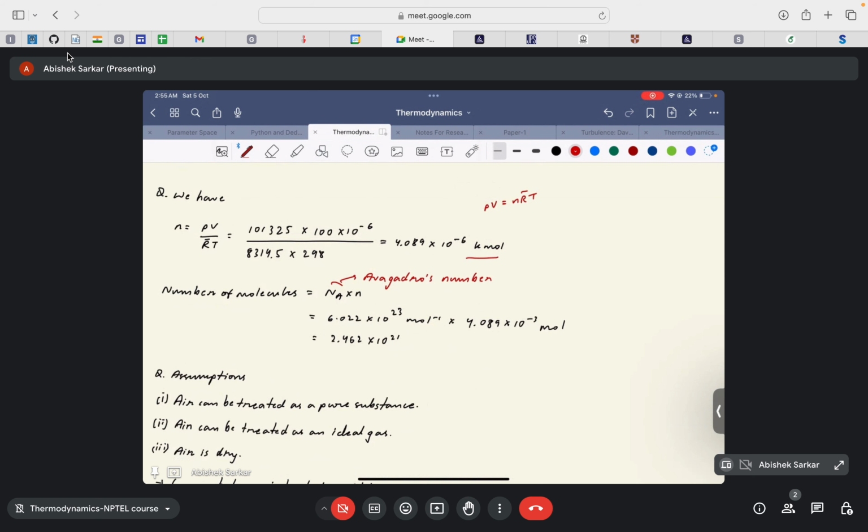So you convert kilomole into mole, and you will get 4.089 into 10 to the minus 3 mole. Once you check out the calculations, you will get that the number of molecules in this particular condition is 2.462 into 10 to the power 21.